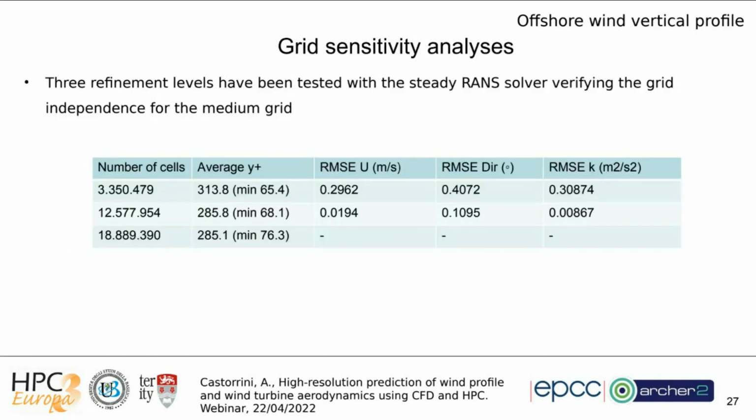And also in this case, the grid for the production test was tested with respect to a coarser and a finer level of refinement for different grids.